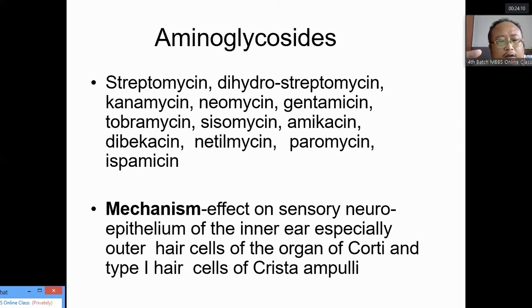They have an effect on the outer hair cells of the organ of Corti, and outer hair cells are more vulnerable than the inner hair cells, and they are responsible for the perception of hearing.